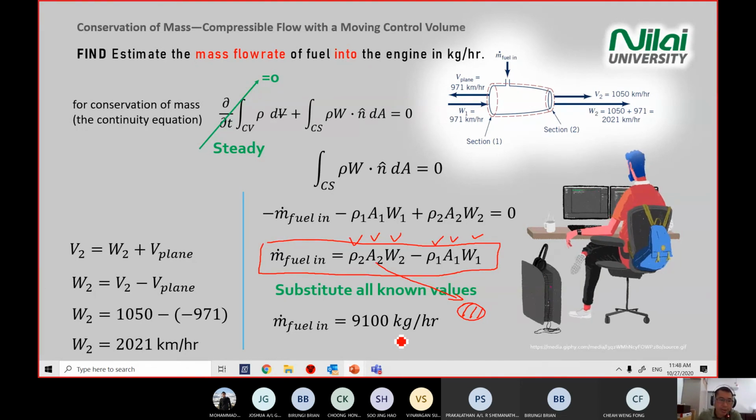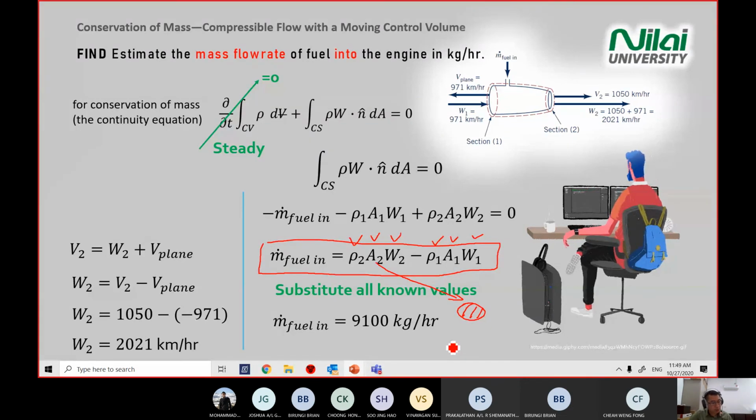This is how we apply the velocity vector, how we apply it for a moving non-deforming control volume, how we applied it in question 9, question 10, and then in question 11. Okay, question 12, we will continue this Friday. Same concept also.